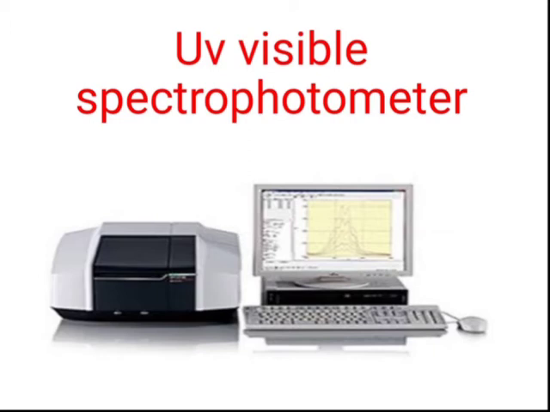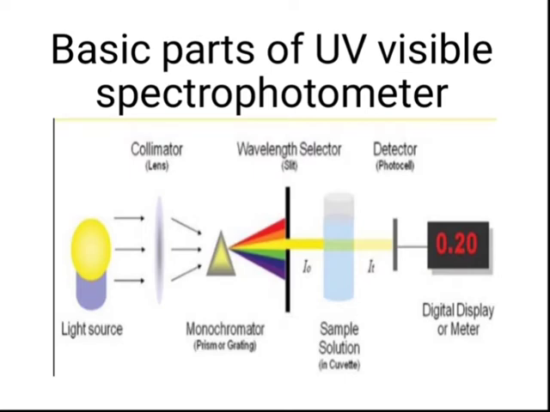The UV visible spectrophotometer which is used in our laboratory is Shimadzu, and this is the UV visible spectrophotometer, which is connected to a computer. That means the system is a computer controlled device. And these are the basic parts of a UV visible spectrophotometer.